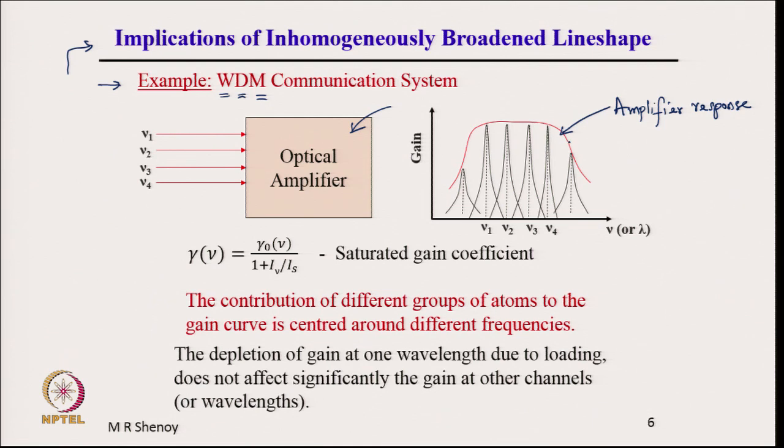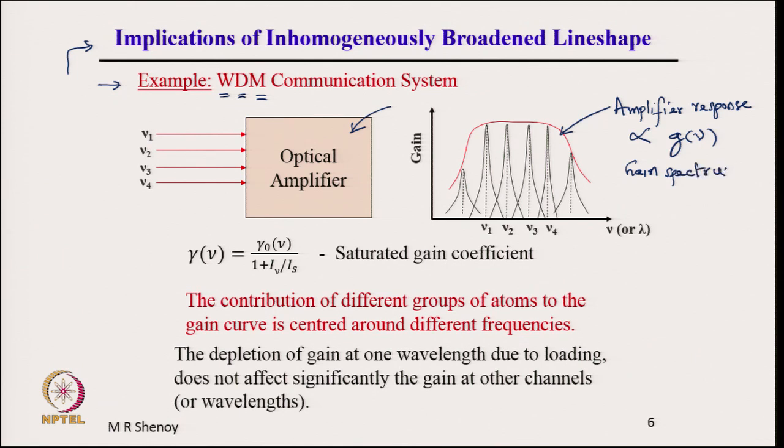Now, this amplifier response is directly proportional to G of nu, qualitatively it is proportional to G of nu. So, if G of nu has a broad response like this, it is because there are different groups of atoms contributing to different parts of the gain spectrum. So, this is the amplifier response, the gain spectrum. Gain versus frequency is called the gain spectrum.